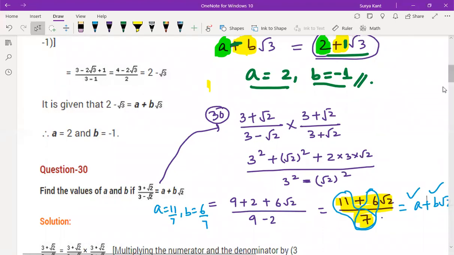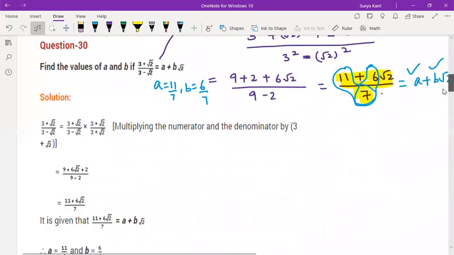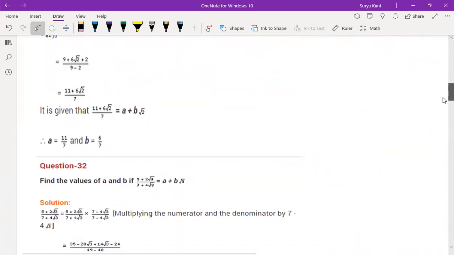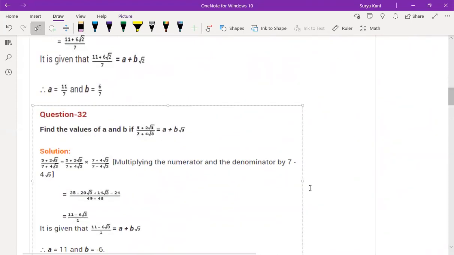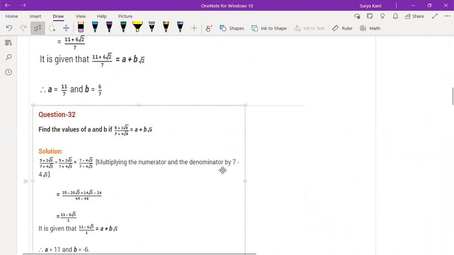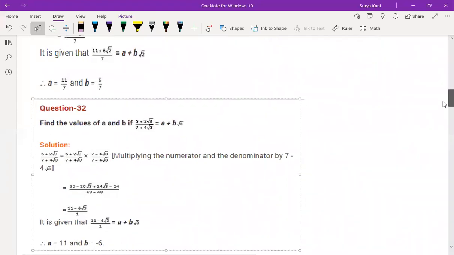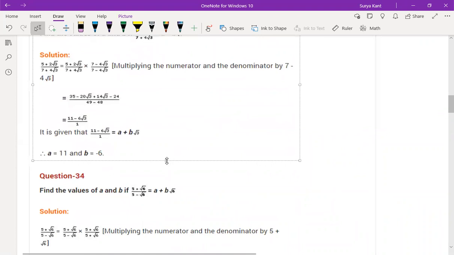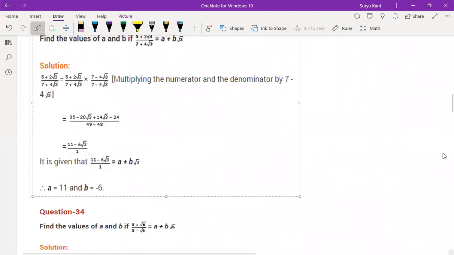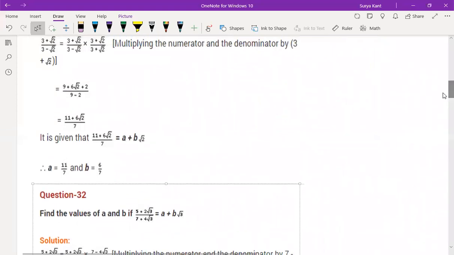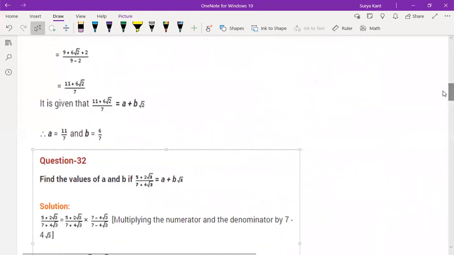Fine. Next question, do question number 32. 5 plus 2 root 3 divided by 7 plus 4 root 3 is equal to a plus b root 3. All of you find this.